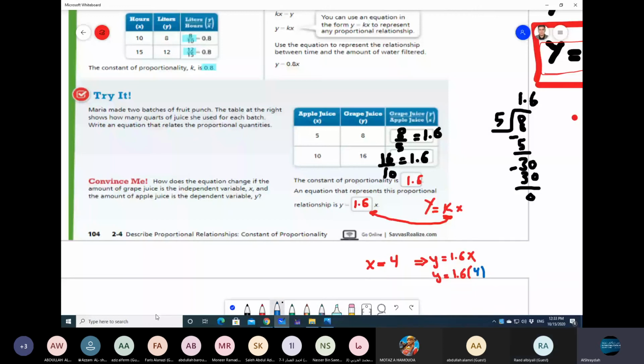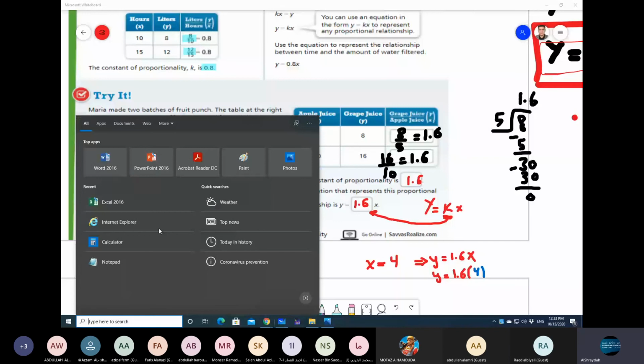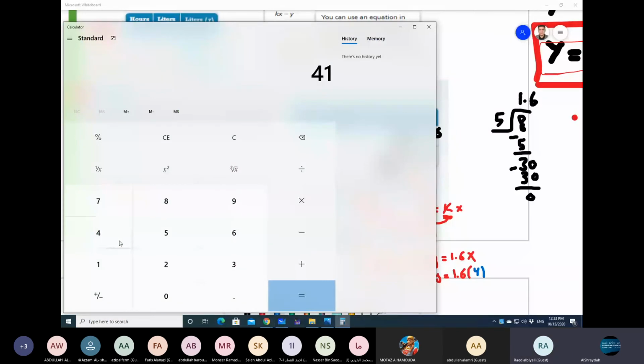You can multiply or use a calculator. 1.6 times 4 gives you 6.4.